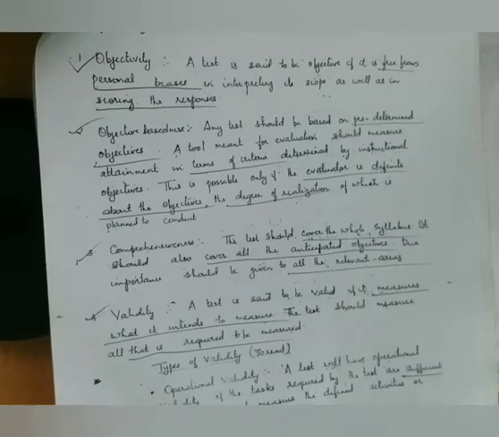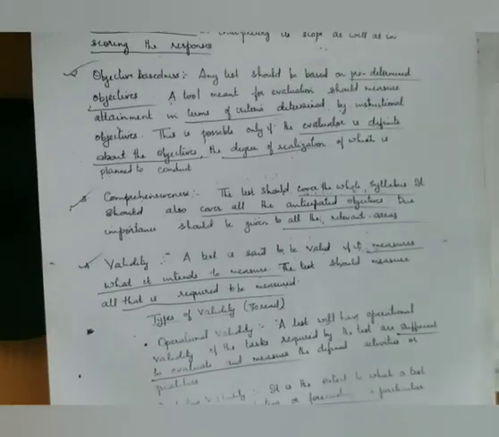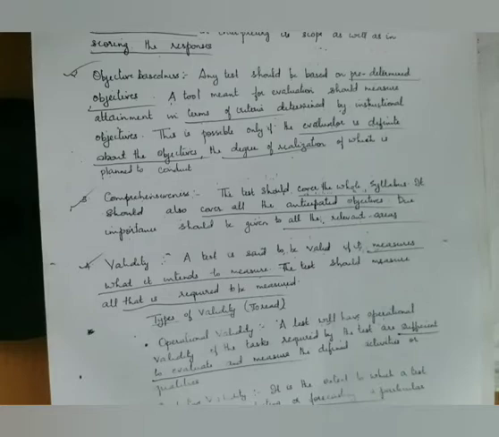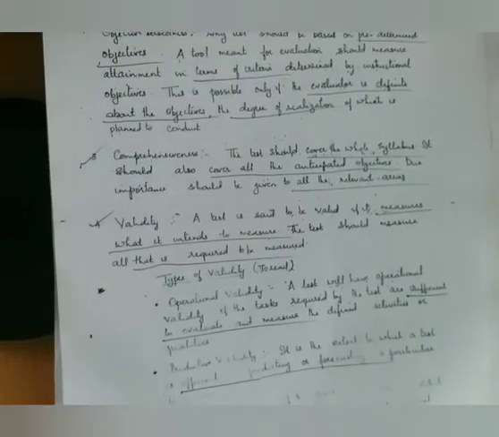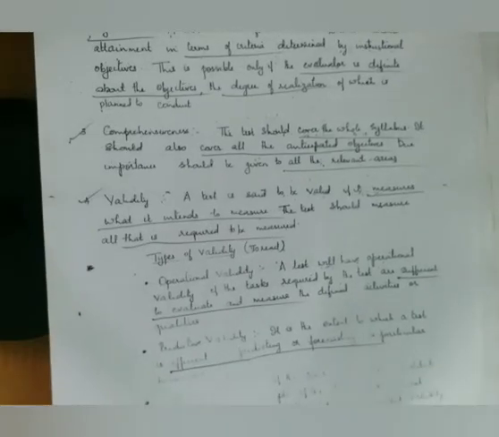And the next is comprehensiveness, that a test should cover the whole syllabus. It should cover all the anticipated objectives. Next is validity. A test is said to be valid if it measures what it intends to measure. Then we can say that the test is valid.